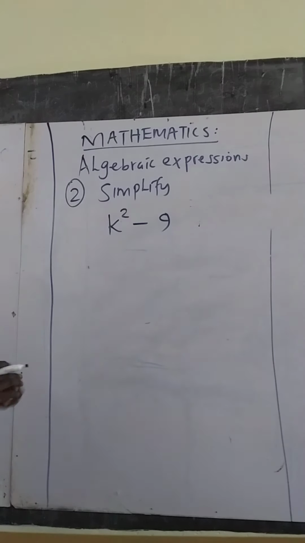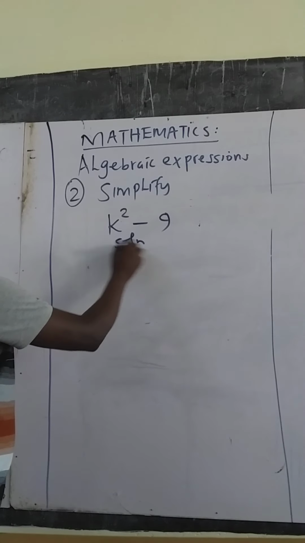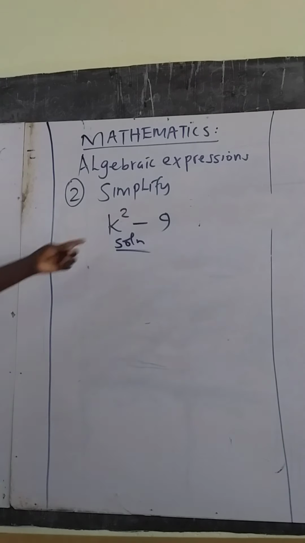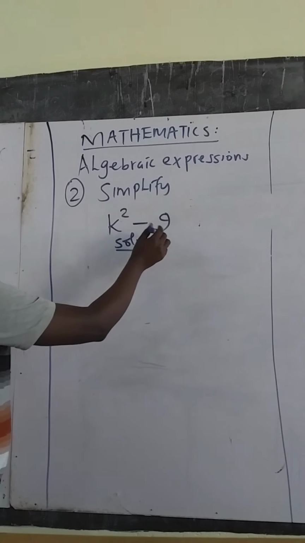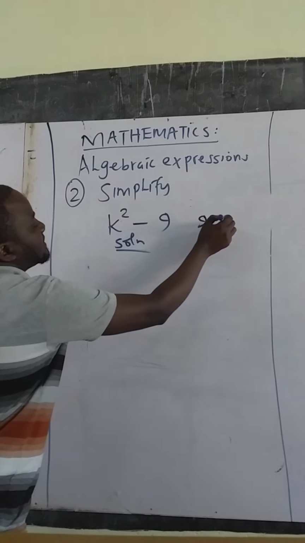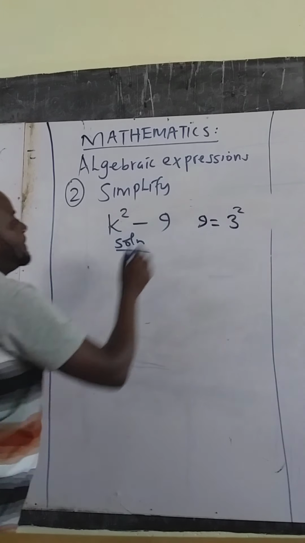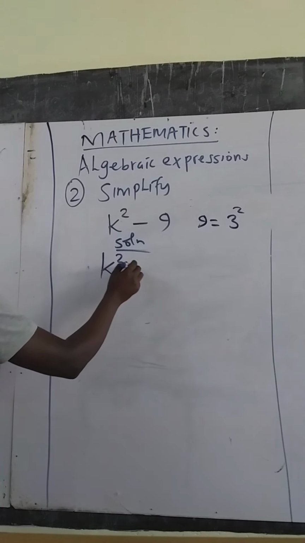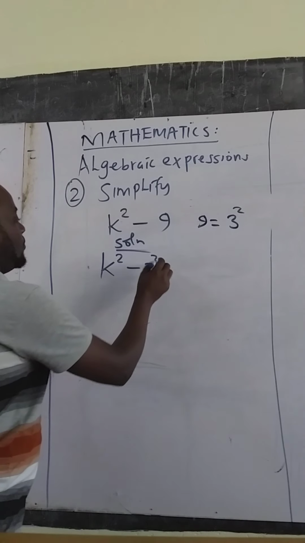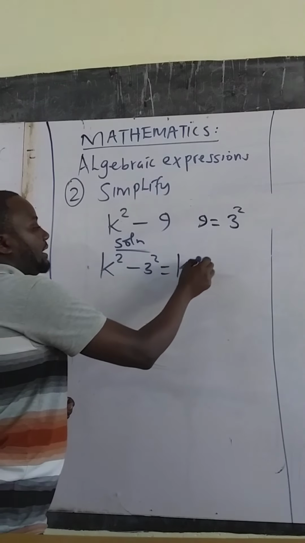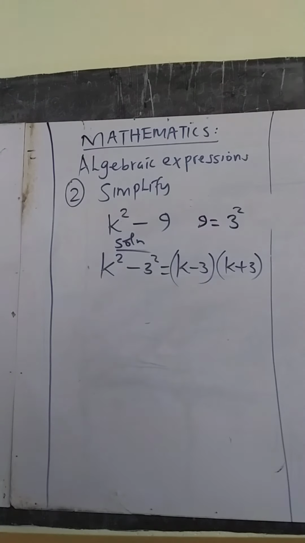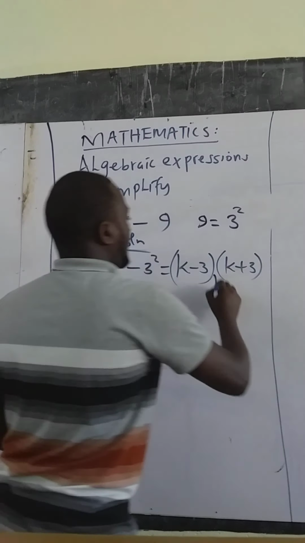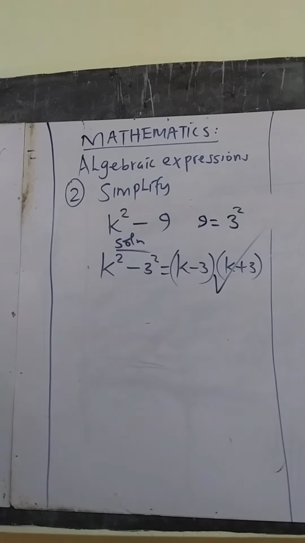Solution: when you see an expression like this, something should come to your mind, that this is a difference of 2 squares, because you can express 9 as 3 squared. This gives k squared minus 3 squared, which is equivalent to k minus 3 times k plus 3. A difference of 2 squares, and this is the solution.